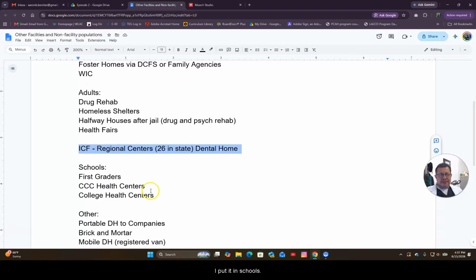I didn't put it in adults, I put it in schools, because ICFs are very different, even though you would think SNF, ICF, no. Intermediate care facilities are usually like boarding cares, right? 4 to 6 beds, and you'll see a lot of developmental and psychiatric issues. Okay, a lot of Down syndrome, chromosomal conditions in the spectrum, things like that.